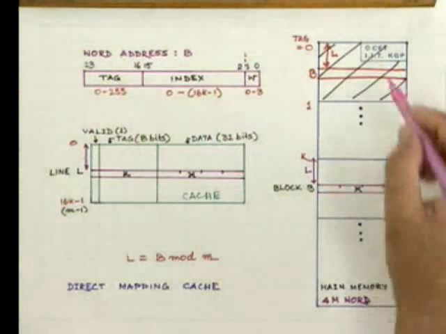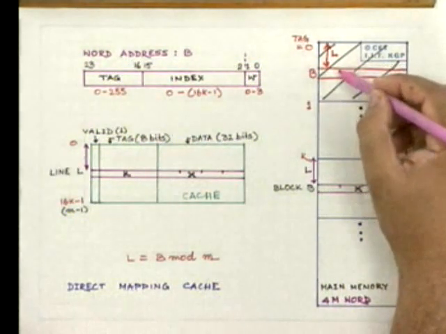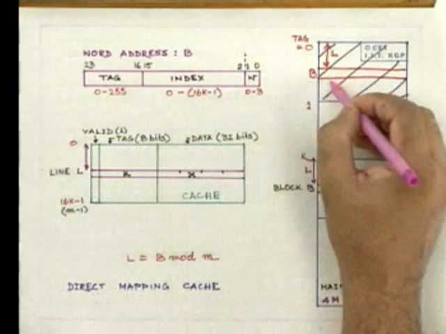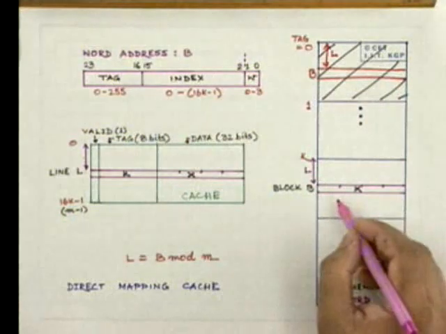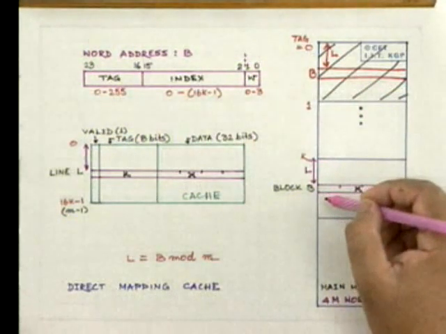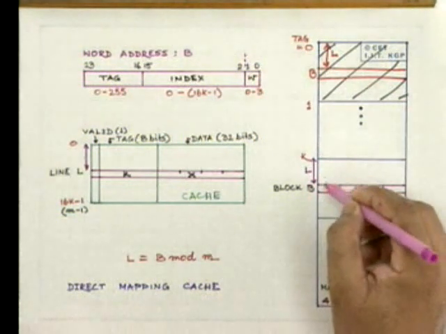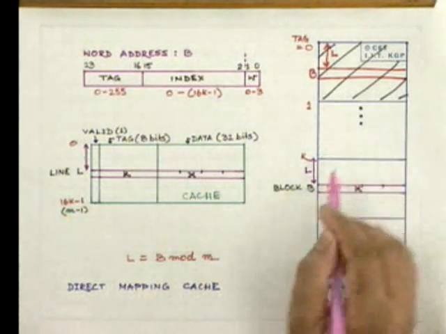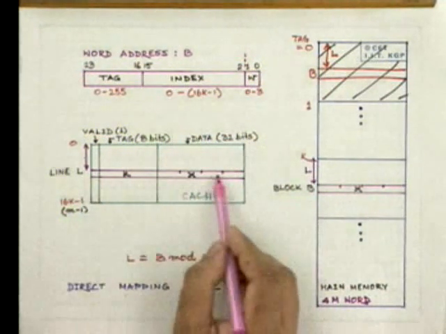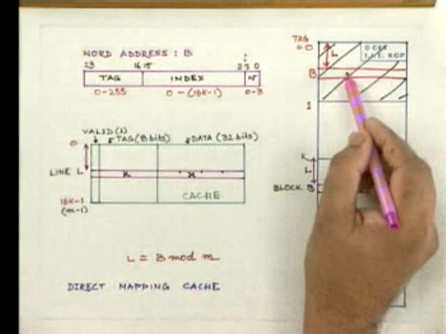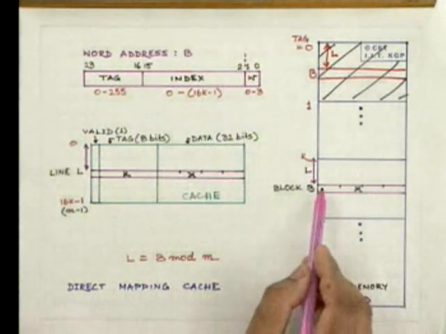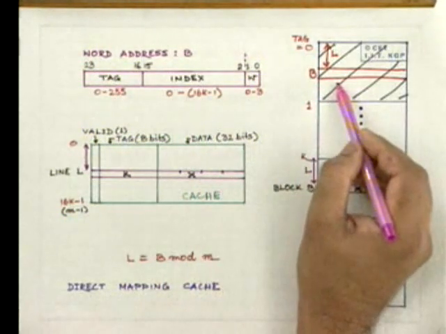Because suppose that your instruction that is being executed is in these blocks, or the blocks in the vicinity of it, and the data that these instructions are executing with are in the vicinity of these blocks, then since both this block and this block will be mapped to the same line of the cache, when this block is here, this block cannot be there, it will push out this block, and when this block is there, it will push out this block.